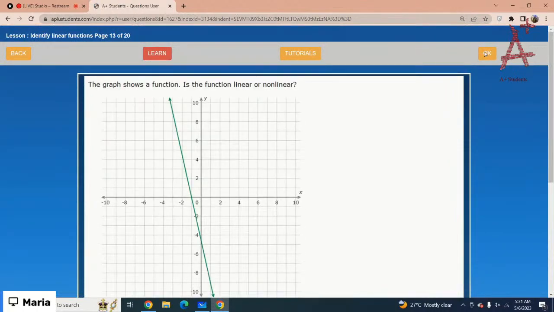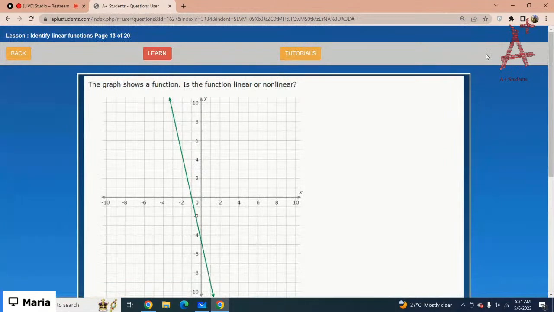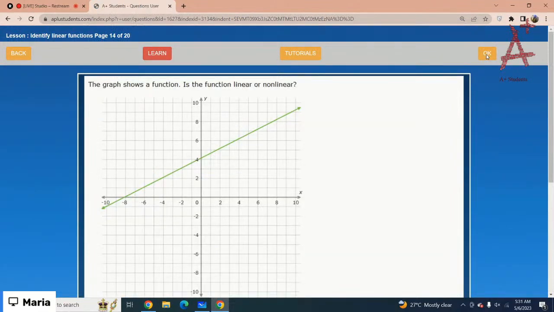The graph shows a function. Is the function linear or non-linear? It is the linear function. The graph shows the function. Is the function linear or non-linear?